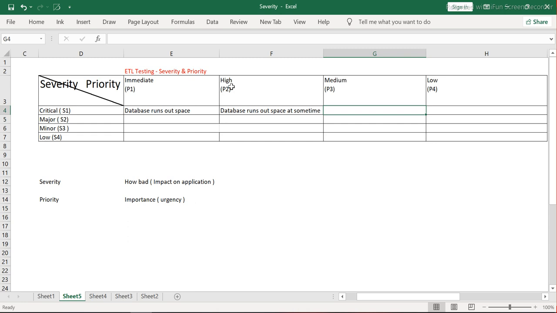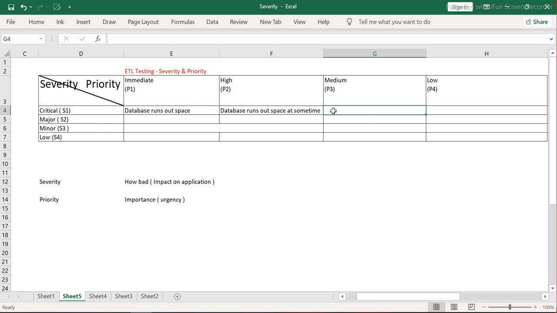So that kind of defect, you can say it is medium, because you already know for sure that it will fail some of the time. Then there is no problem. You can just restart it and it will succeed, right? So that is called severe criticality, severe because it has failed at the first instance, but it is not blocking the testing, because on rerun the job succeeds and you are able to do the testing.